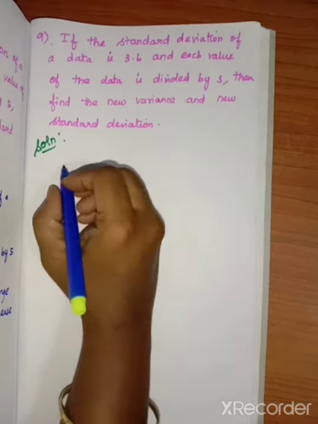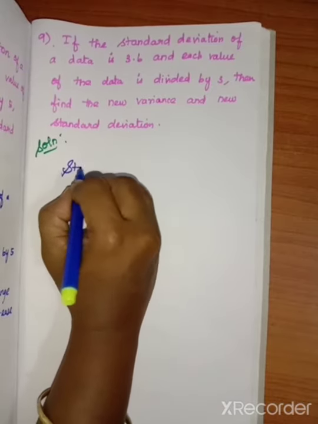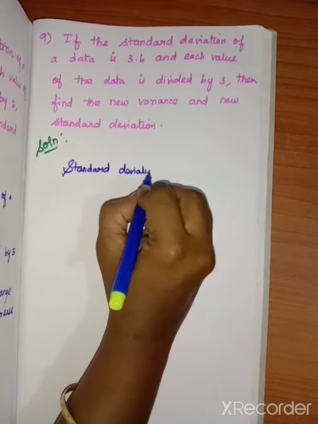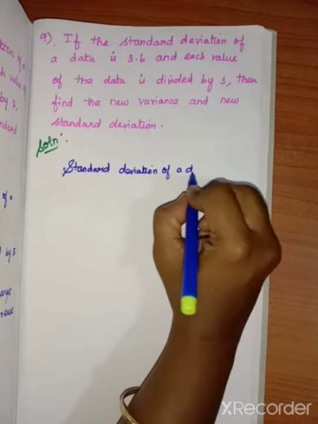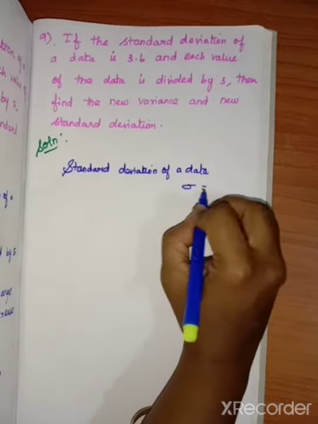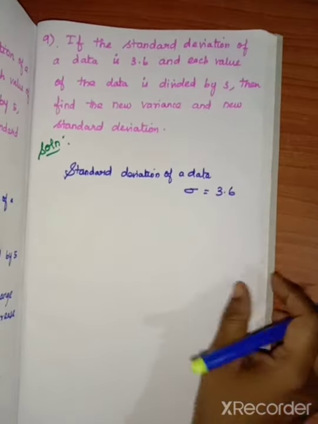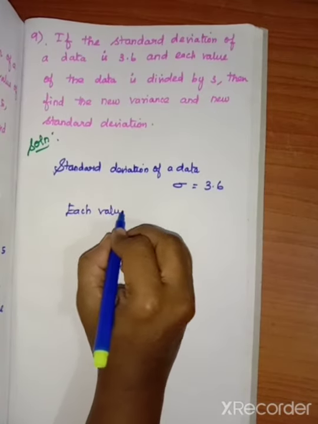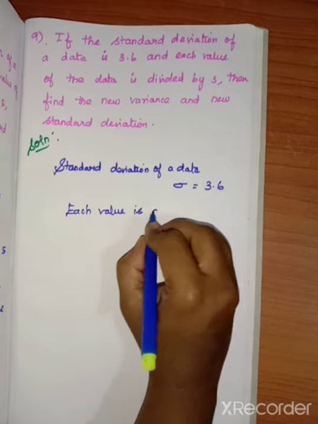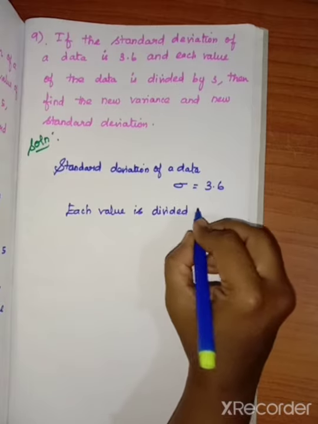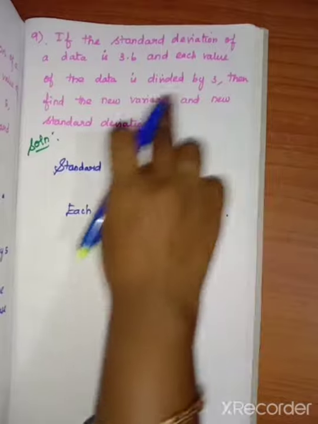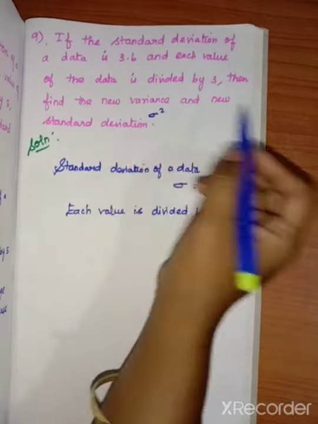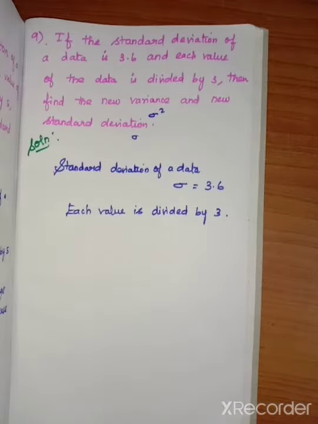So first of all, write the given: the standard deviation of the data is sigma equal to 3.6, then each value is divided by 3. Then we want to find the new variance, that is sigma squared, and the new standard deviation sigma.